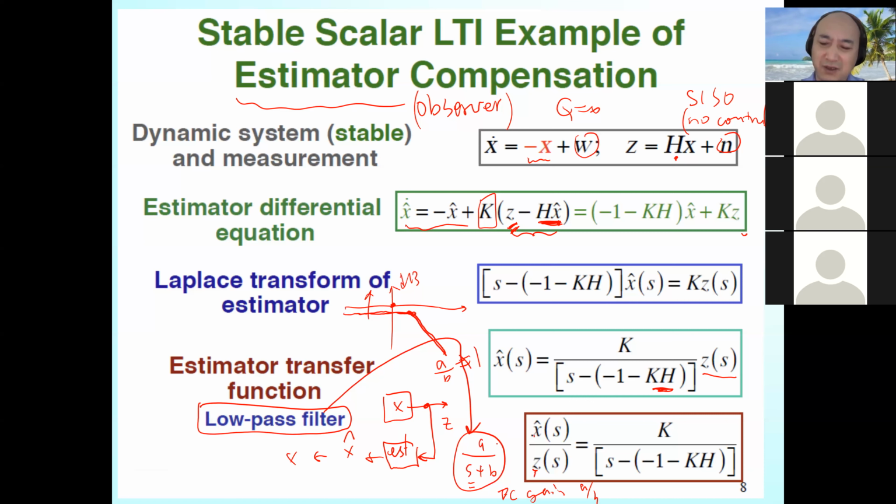Therefore, when you have the W and N with high frequency content, they will be suppressed due to this part, minus 20 dB per decade slope. The low pass and high frequency suppression is filtering. So that's why the estimator is good.